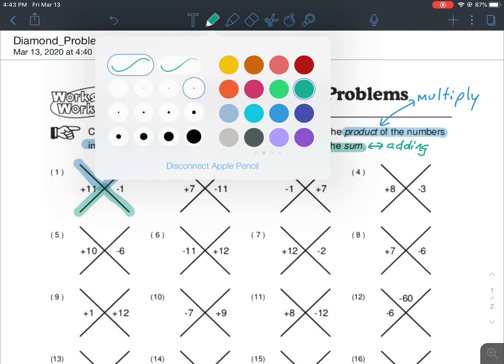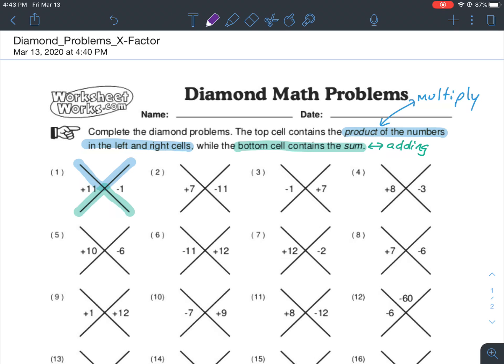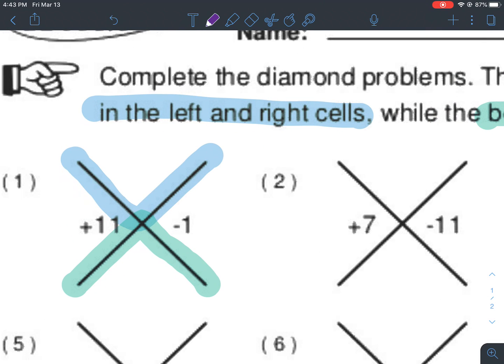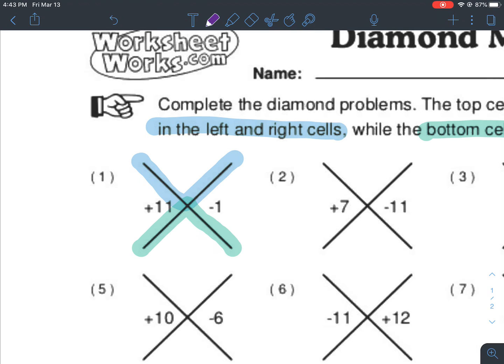Very simply, if we take a look at this first example, the top is the product of the numbers on the left and the right. So in order to find the top number, I'm going to do a positive 11 times negative 1, which comes out to be negative 11. That's what goes on the top.